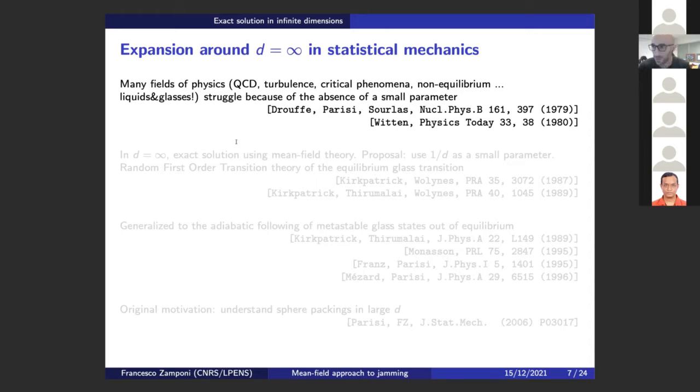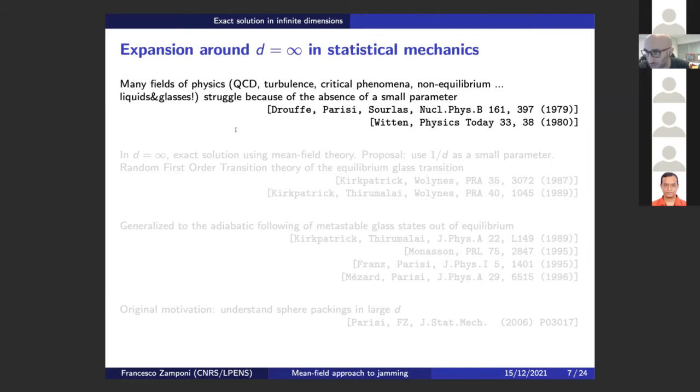Because in a system of particles, you can do a low density or a high temperature expansion, and you describe the liquid or the gas. If you do a high density or low temperature expansion, you can describe the solid phase by doing, for example, a harmonic expansion around the lattice state.